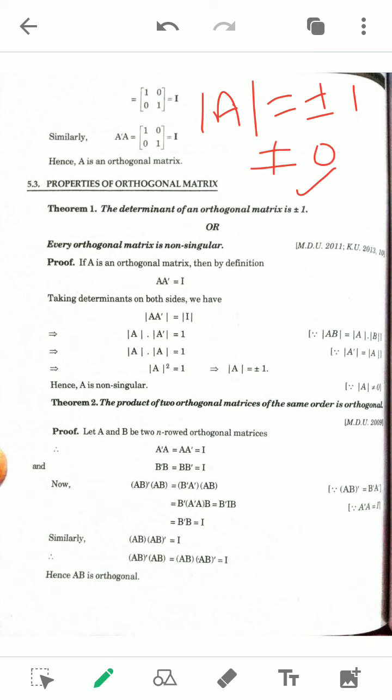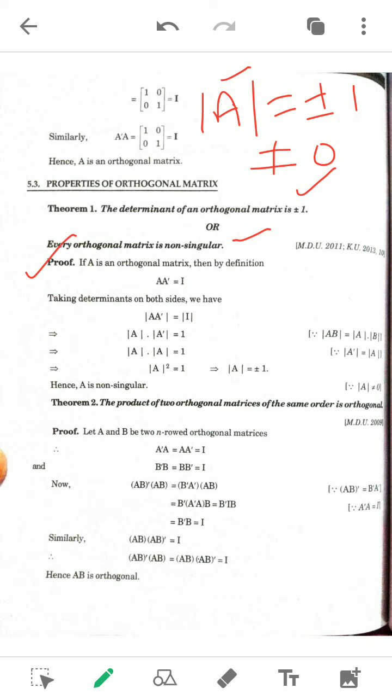And you know very well that when the determinant of a square matrix is not equal to 0, then the matrix A is non-singular. That's why another statement we can give: every orthogonal matrix is non-singular. So it can be asked in two ways in your exam. Either they can ask you to show that every orthogonal matrix is non-singular, or you have to prove that the determinant of an orthogonal matrix is plus minus 1. In both cases we have to give the same proof.